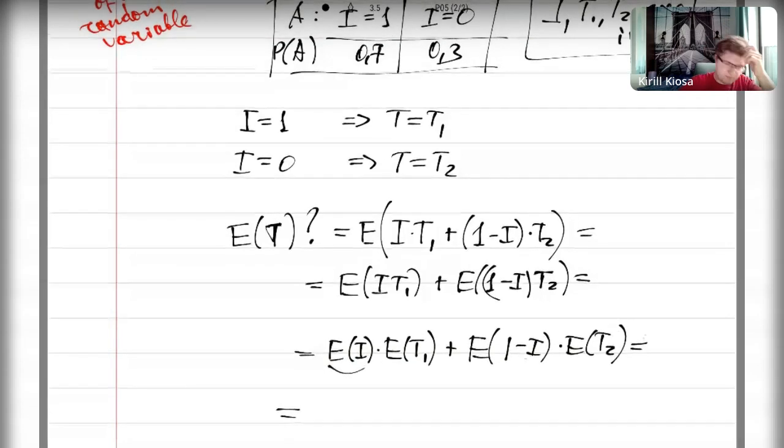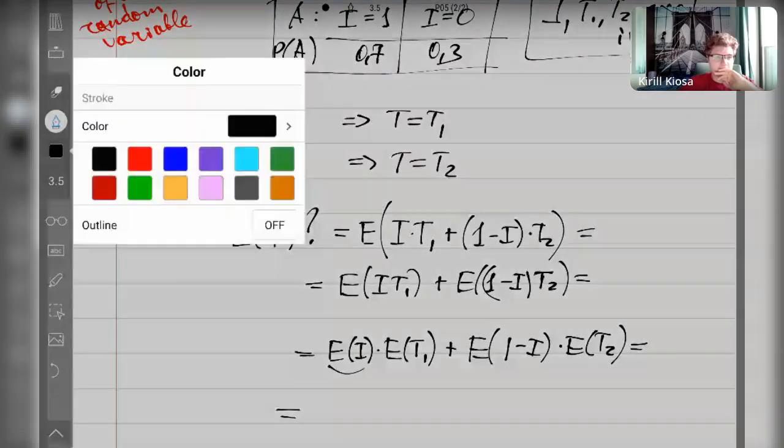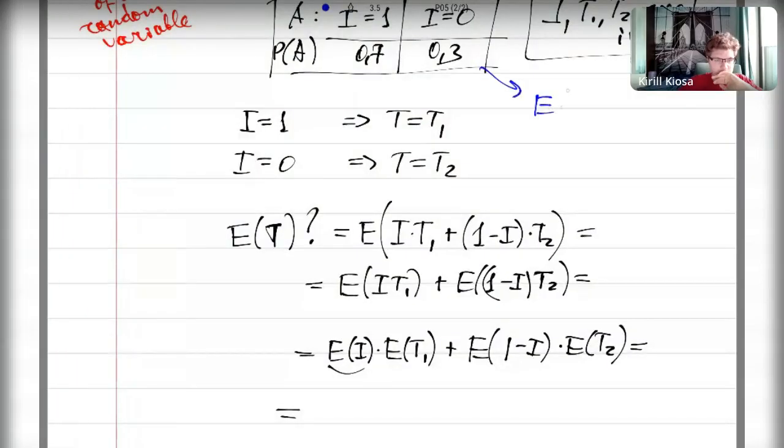I is a very simple random variable. I has only two values, hence expected value of this switch is, I hope, 1 times 0.7 plus 0 times 0.3, and it's 0.7. And basically we are done.